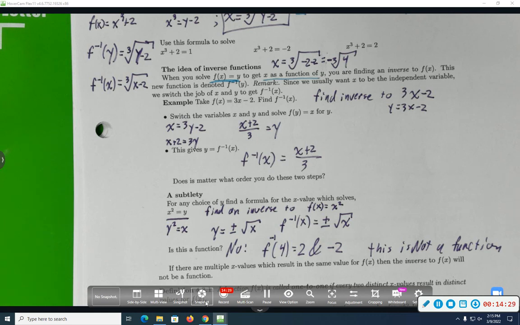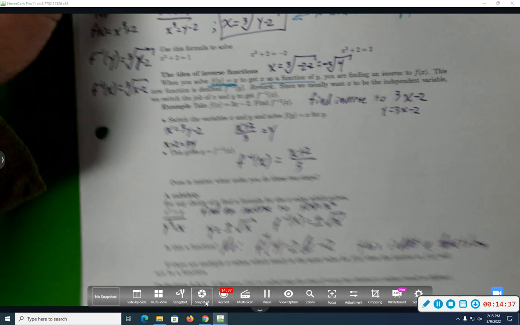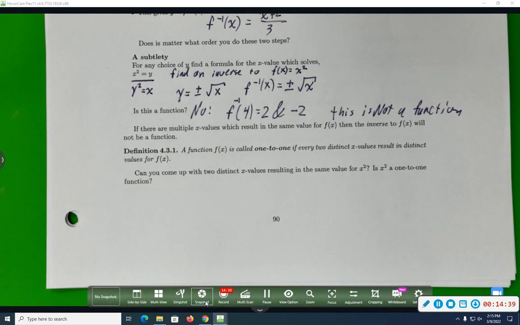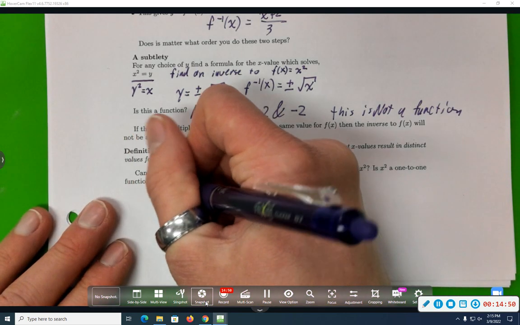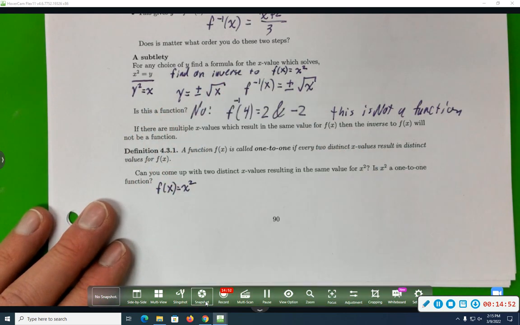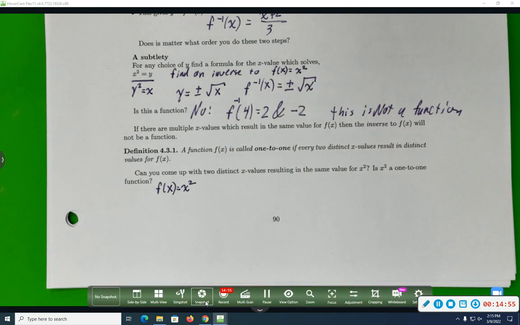So I'm going to introduce an extra bit of notation. That extra bit of notation will capture exactly which functions have inverses. A function is called one-to-one if every 2 distinct inputs, x values, go to distinct outputs, or y values. So let's think about y equals x squared. Can you think of two x values not equal to each other which have the same y value under this function? -2 and +2 will do the trick.